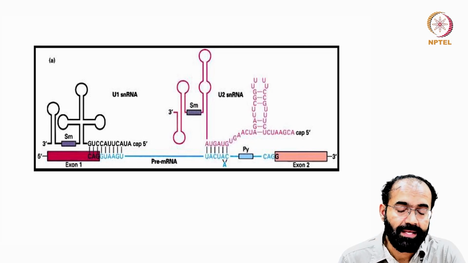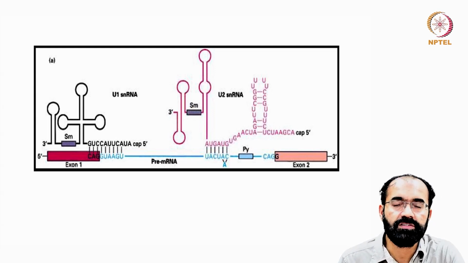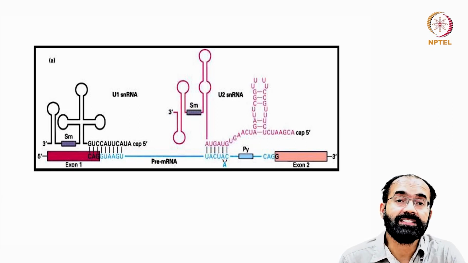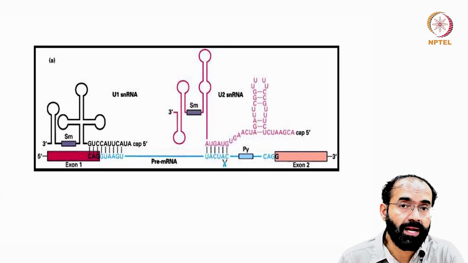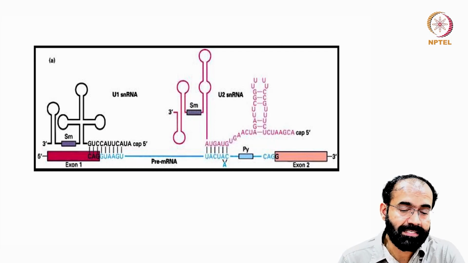Because of this A. You should also note one more interesting thing: the blue color sequence is UACUAAC, but U2 snRNA came and ignored this A. This A is pushed out of the pairing, and since it is an RNA, it has a 2' hydroxyl group, a reactive hydroxyl group, which is now freely available to interact for the splicing event to happen.